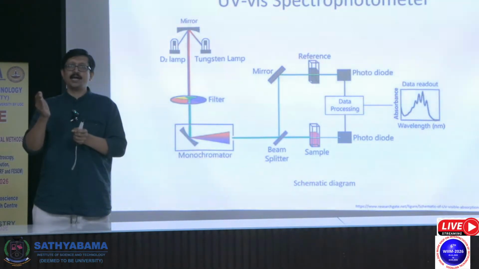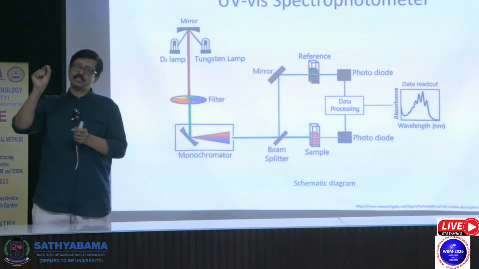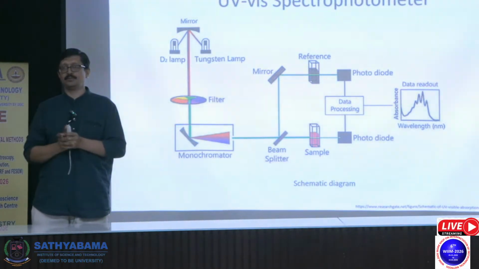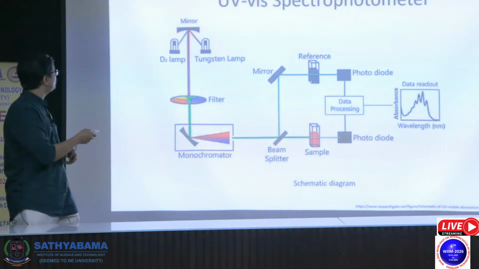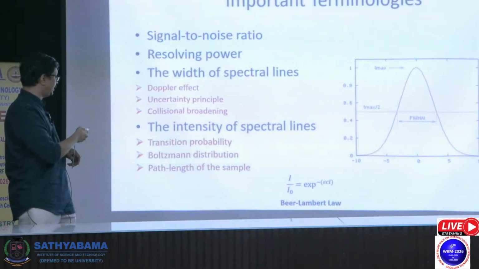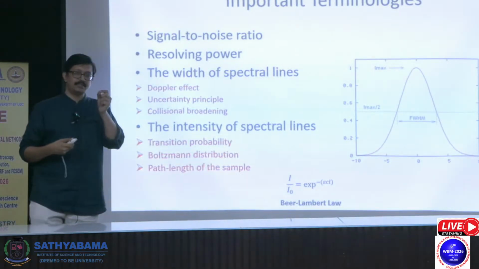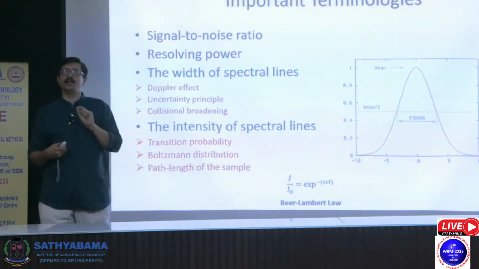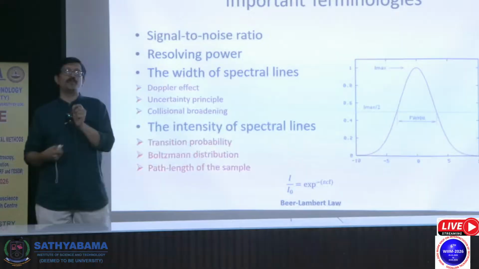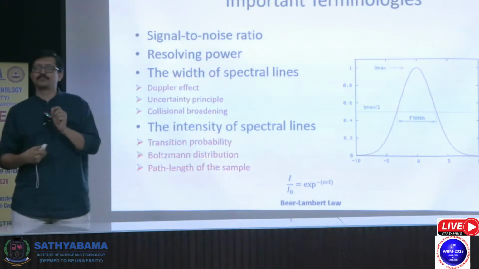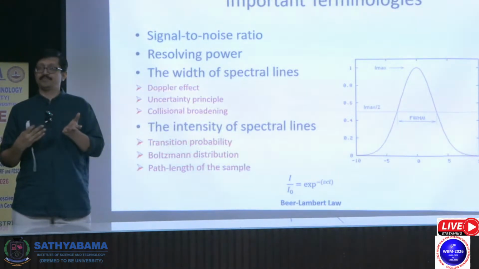So it is very important that your signal is much more intense than noise. That is why signal to noise ratio. If the noise should be less, should the signal to noise ratio be high or low? Very high.